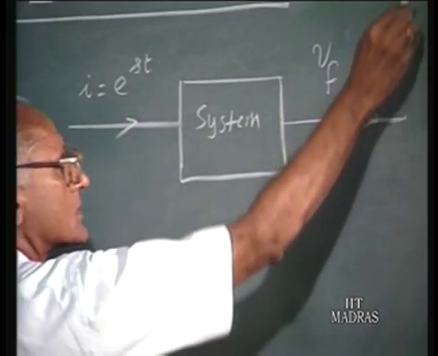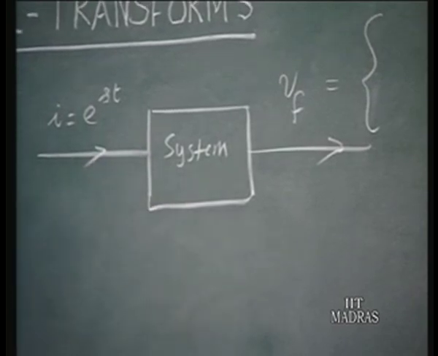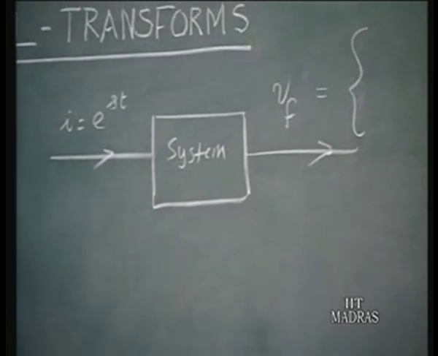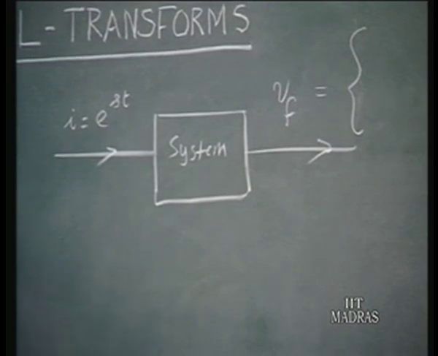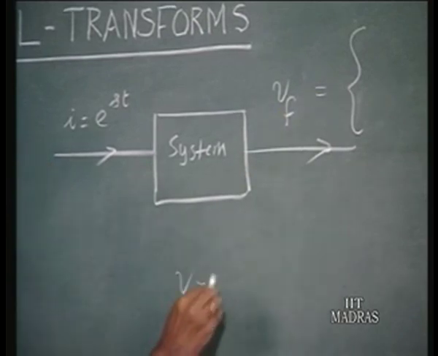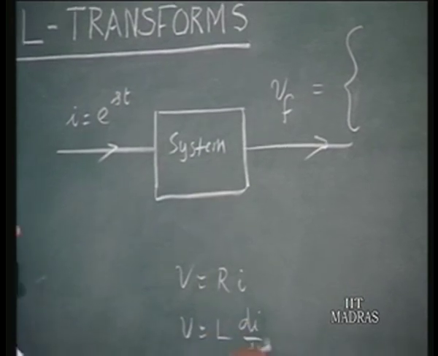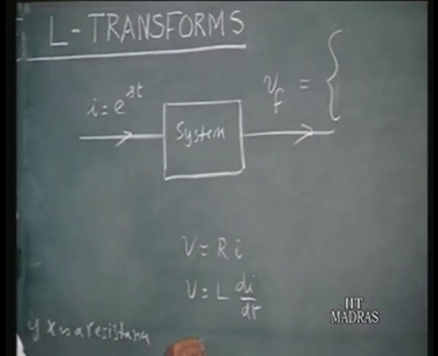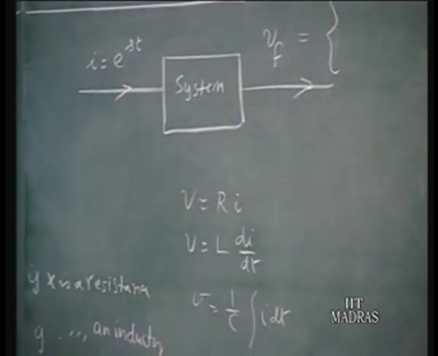If the system happens to be a resistance, with e to the power of st as the excitation, after all, v equals Ri is the equation for a resistance. v equals L di/dt is the equation for an inductor. v equals 1 over C integral of i dt for a capacitor.